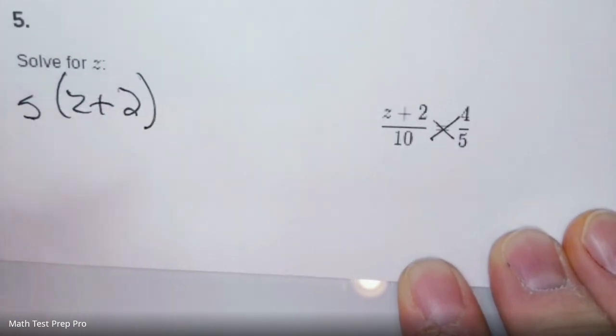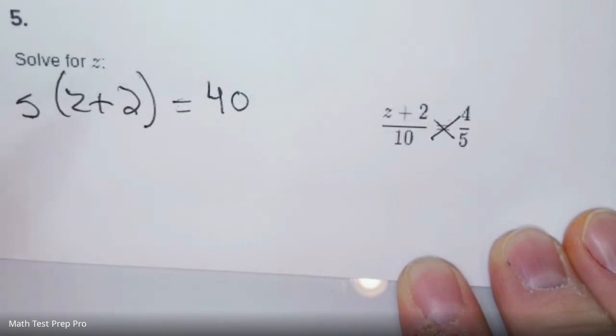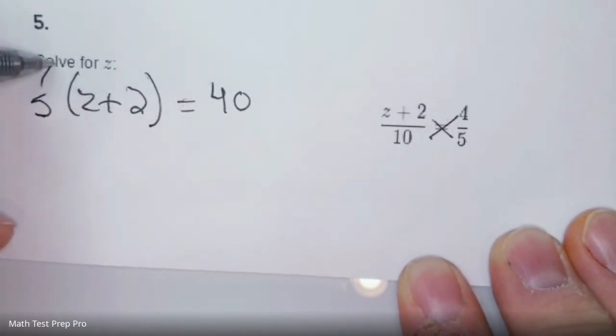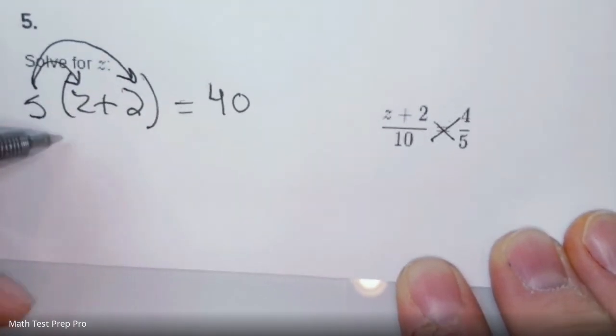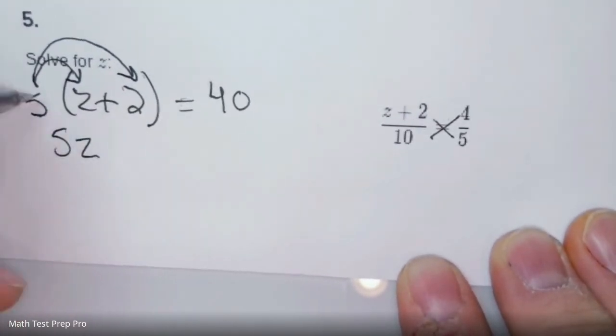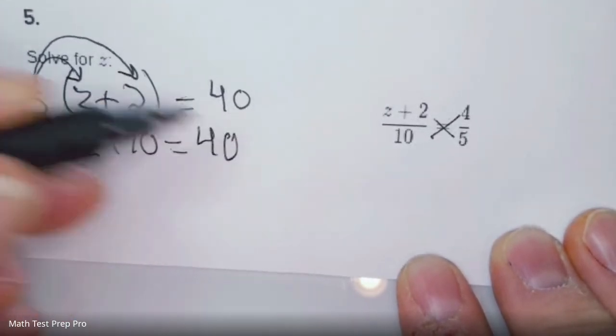Here we're going to have to use the distributive property. Equals 4 times 10, which is 40. With the distributive property, I'm going to take 5, multiply it by z, and also take 5 and multiply it by 2, and add that together. So 5 times z is 5z. 5 times 2 is 10. Plus 10 equals 40.